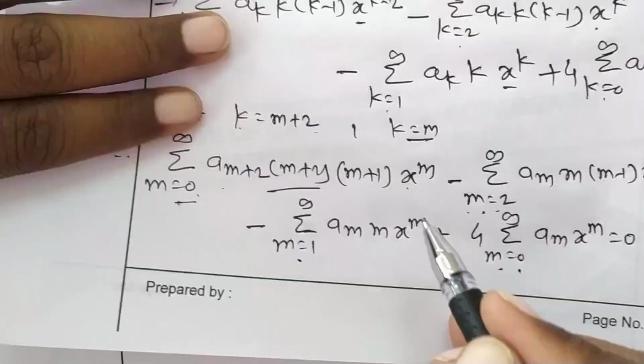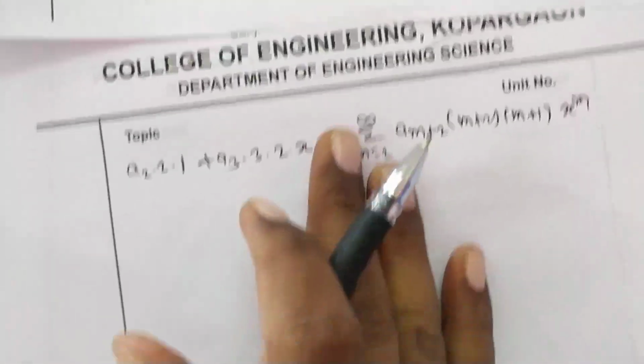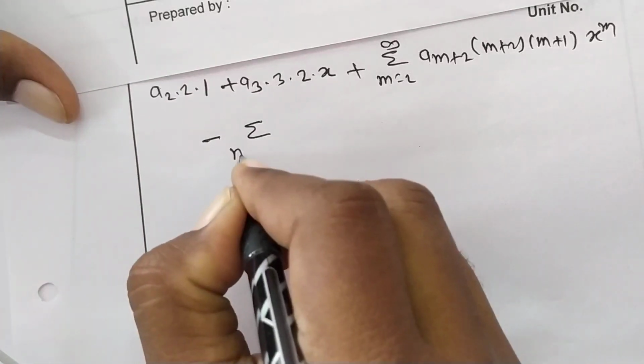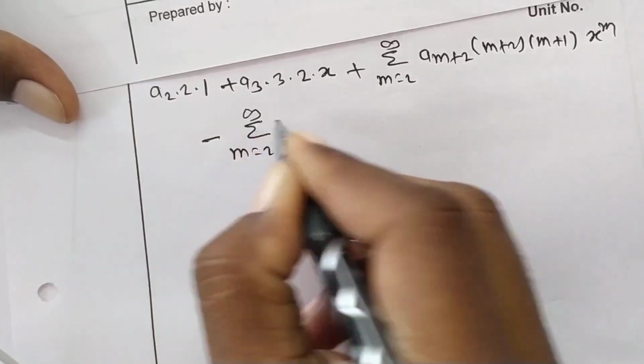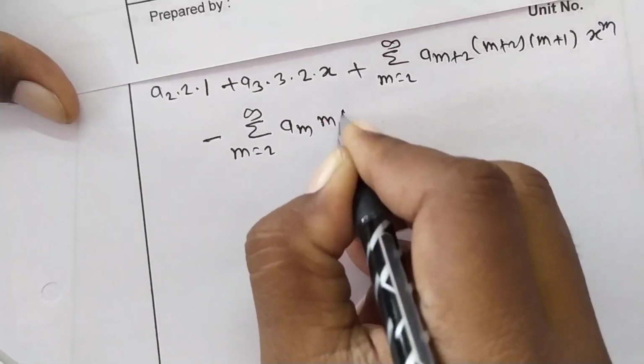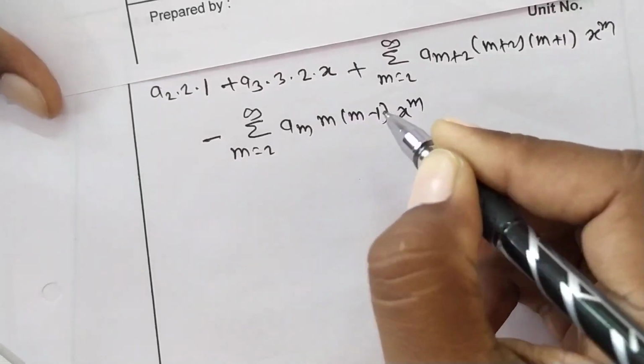Okay, the next series: in the next series m already starts from 2, so keep that series as it is. So minus summation of m starts from 2 to infinity, this series as it is, a_m m into m minus 1 x to the power m.